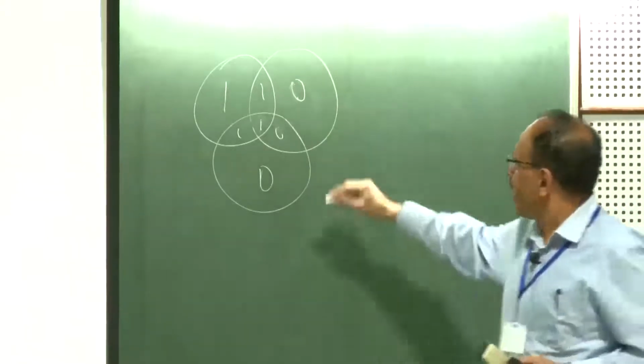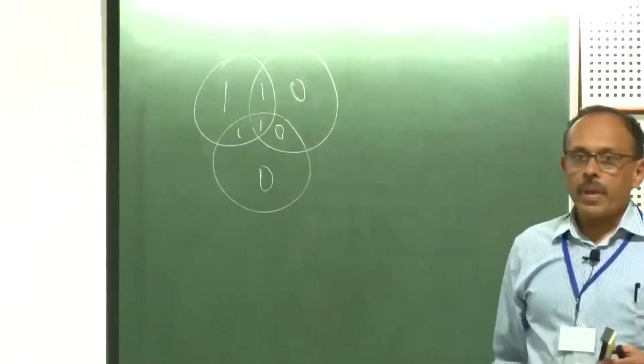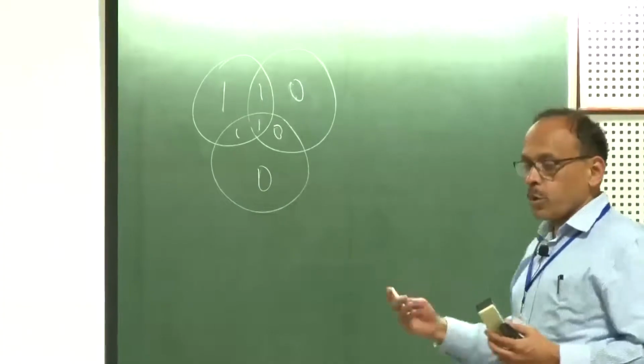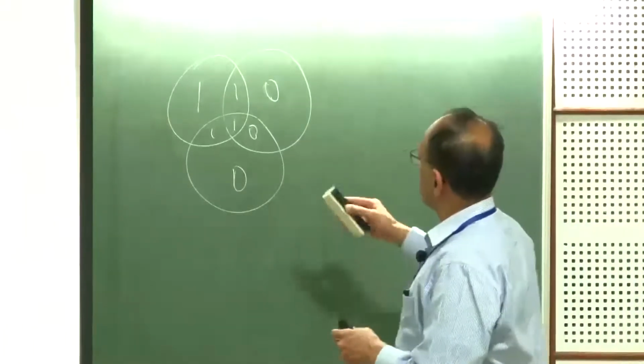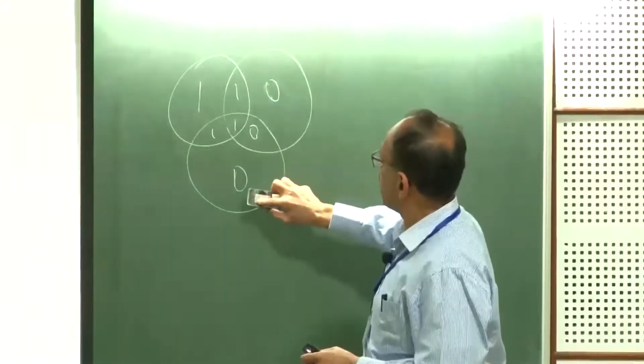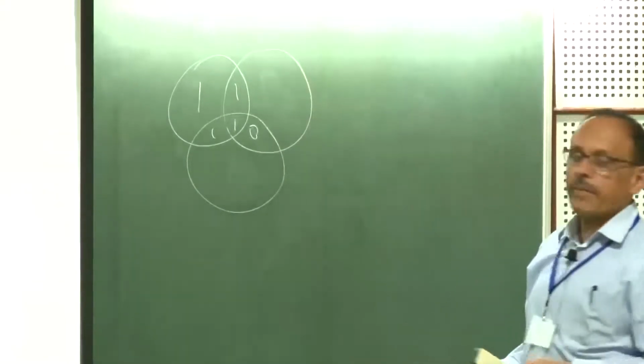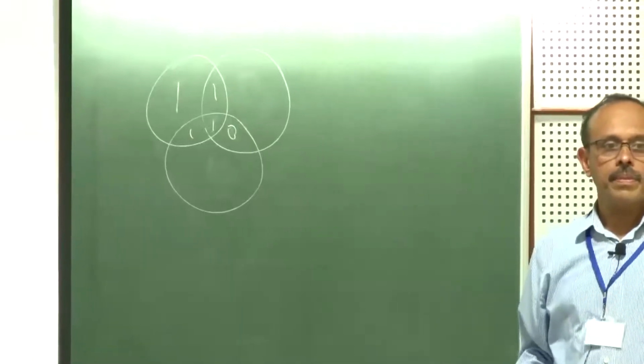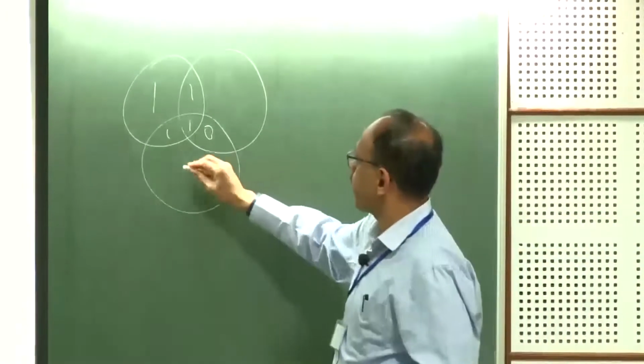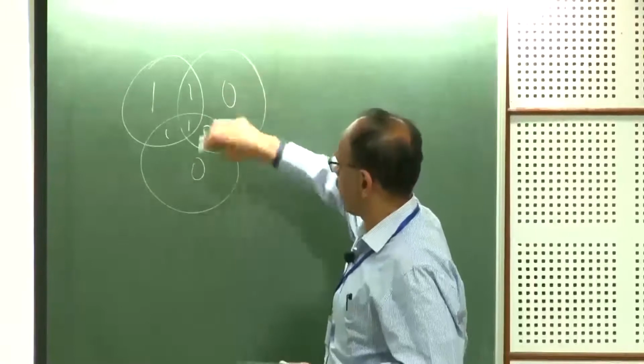Now let us say 2 symbols have been erased. Let us say I erase this and this. Can we do it? Obviously, because you can recompute them: 1 1 0 same, this is also 0.